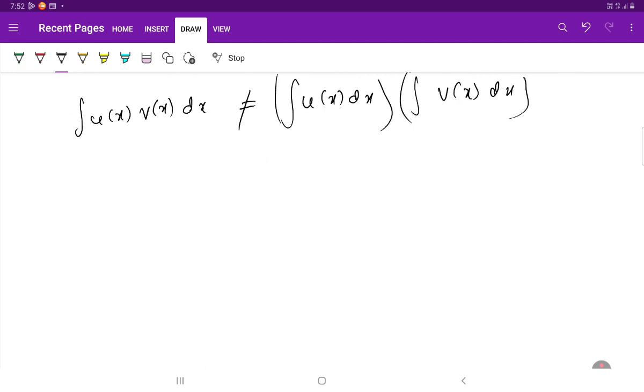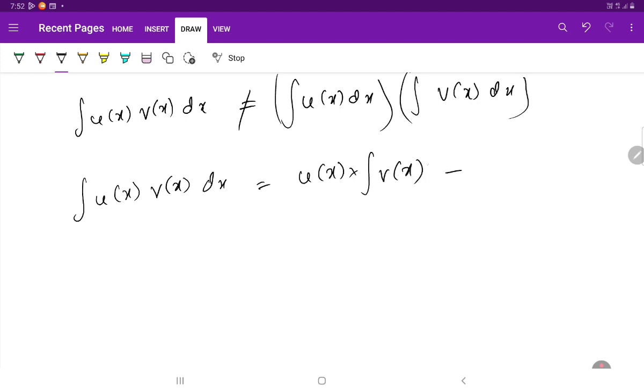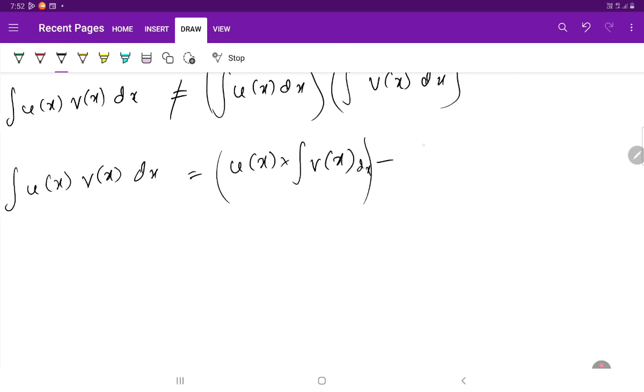The integral of u(x) into v(x) dx can be written as u(x) into the integral of v(x) dx, minus the integration of the differentiation of u with respect to x into the integration of v(x).